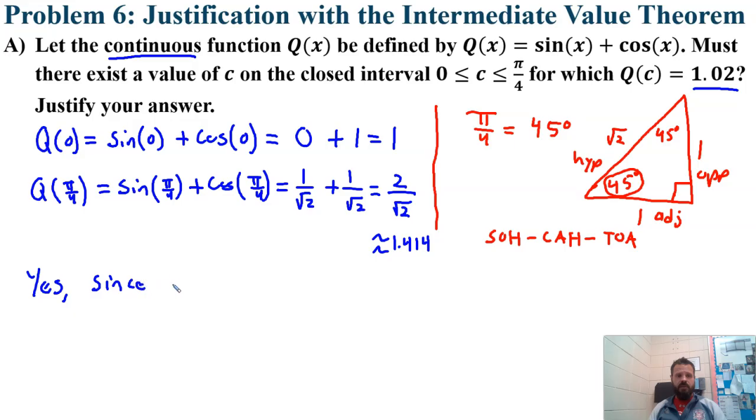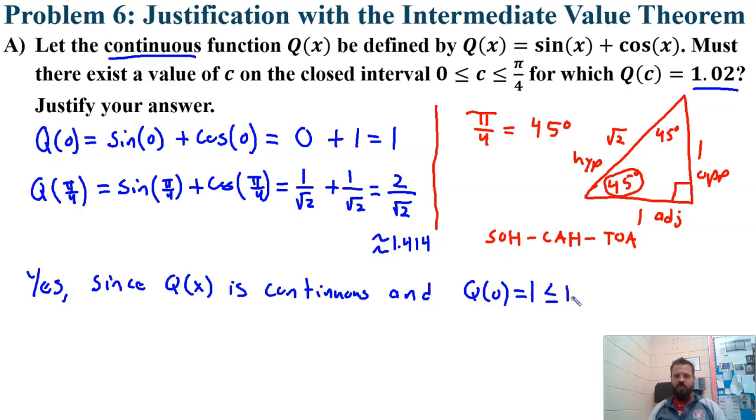Since q of x is continuous, and I know that q of 0 is equal to 1, which is less than or equal to 1.02, which is less than or equal to 1.414, which is equal to q of pi over 4.